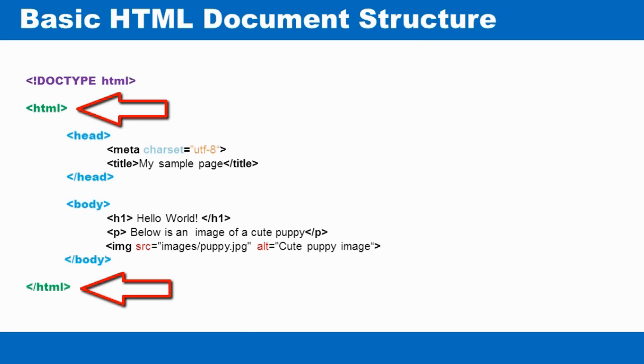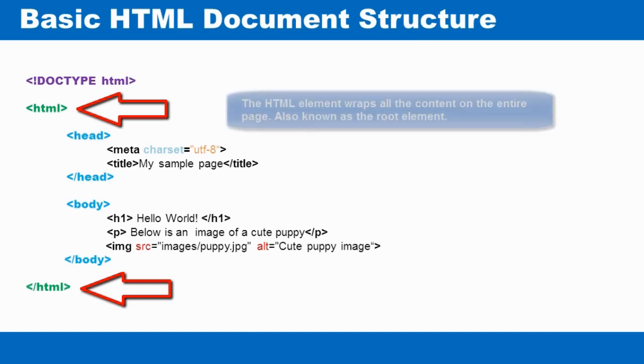The closing element is identified with the slash before the tag is closed. The HTML element wraps all the content on the entire page, and it is sometimes known as the root element.